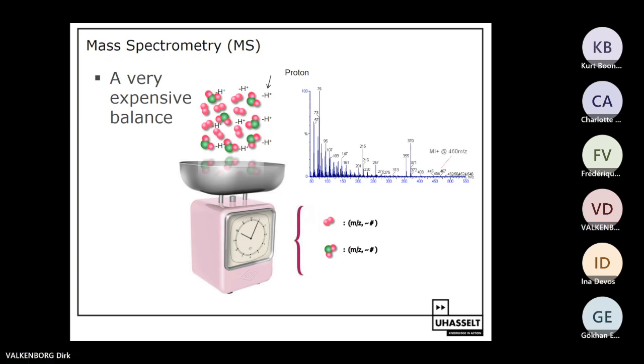So a mass spectrometer is an expensive balance, but what does it weigh? It weighs molecular ions. It is so sensitive that it can measure the mass of a molecule. But before we can really measure this, we need to ionize this molecule. That's why you can see that these molecules here have an additional proton.